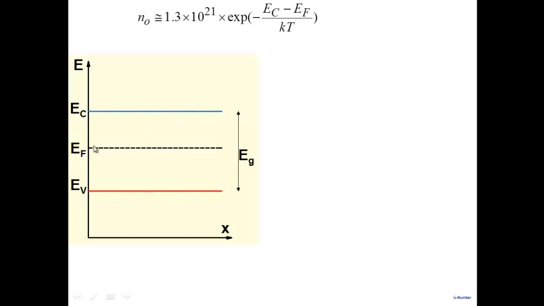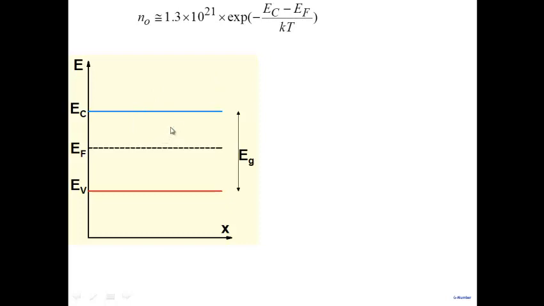And we said somewhere in the energy gap, EF is going to be there. The reason is, you can see from here, if I have an electron density which is much smaller than the 1.3 × 10^21, which is what is usually the case, then EC must be greater than EF, which means EF lies below EC.